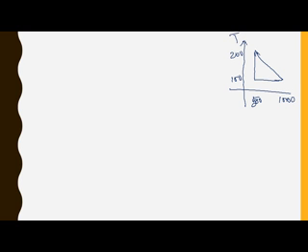Same formula, same diagram, but instead of letters, the values are given in the question. Here is S0, this is 2S0. Here T0, this is 2T0. Same pattern, A, B, C.